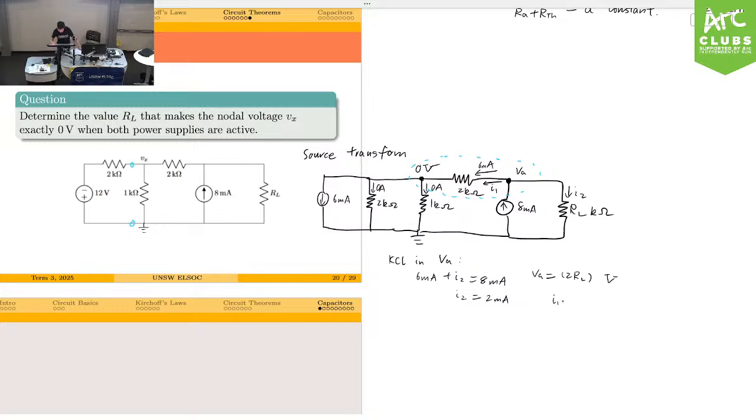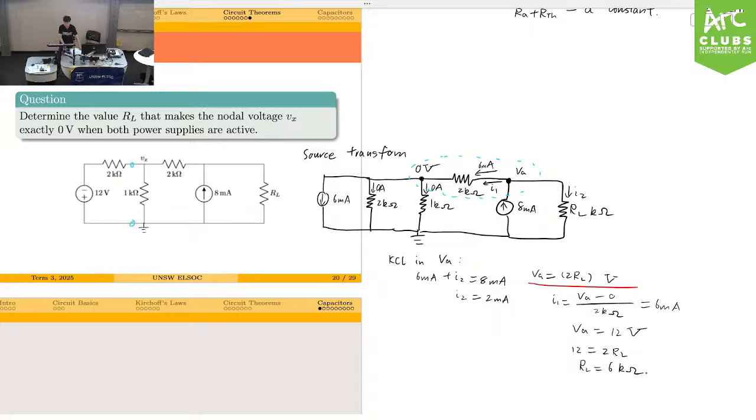So I1 equals (VA minus 0) over 2 kilo ohm. I1 is going to be 6 milliamps, as we determined before. So VA equals 12 volts. Cool. If VA equals 12 volts, we can just put it in this expression over here. So 12 equals 2 RL, and RL equals 6 kilo ohm.